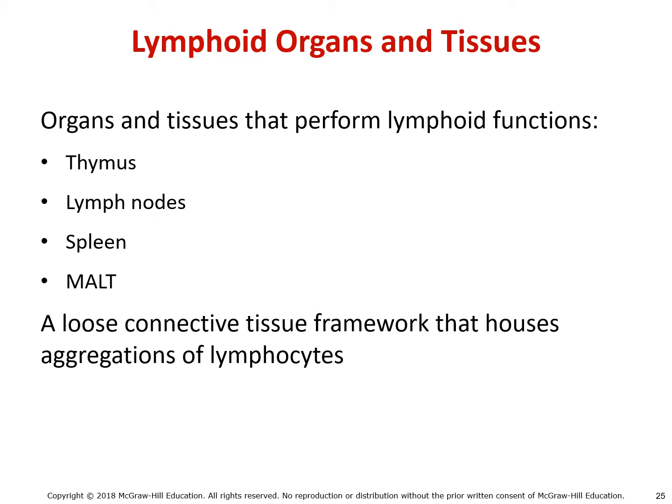So there are again several organs and tissues that will be associated with the lymphoid system, including things like the thymus. The thymus is going to be very well known for helping to mature T cells, which are a part of the specific immunity. We also see the lymph nodes, which I just described a second ago as being the basically meet and greet areas where potential pathogens or even our phagocytes can introduce our B and T cells to potential pathogens.